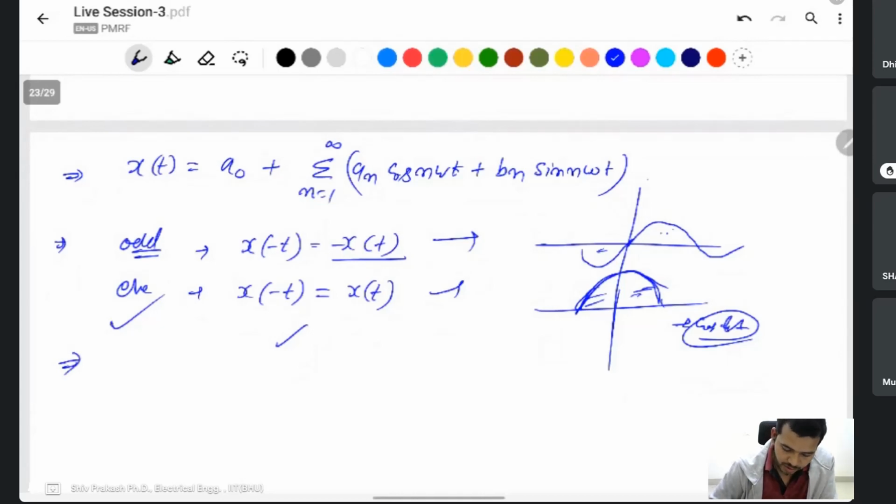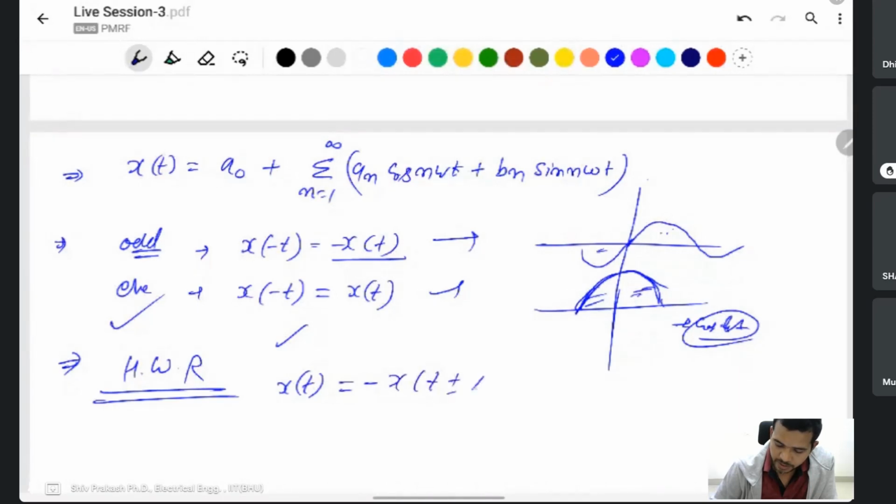For an odd signal, another symmetry is half wave symmetry: x(t) equals minus x(t plus or minus T by 2). It means you shift the signal by half a time period.